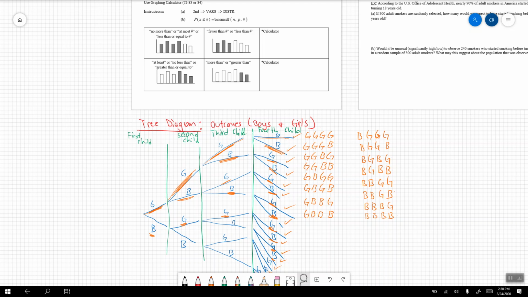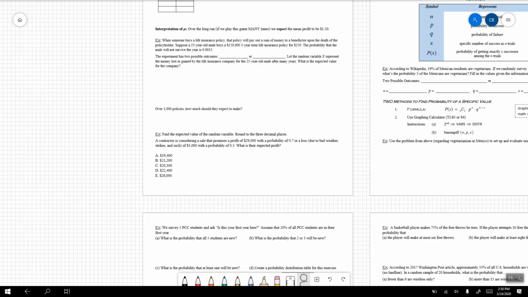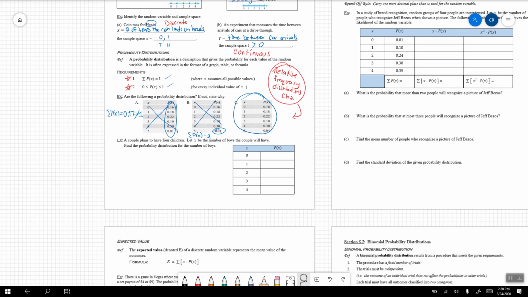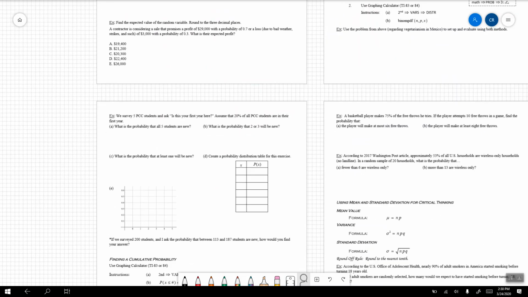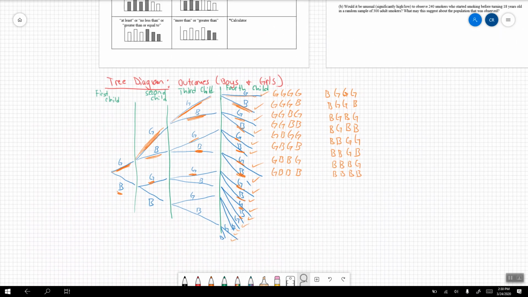We're going to start filling in the table that we had up top right over here. So we want to fill in this table where X is the number of boys the couple will have, and we need to find that probability. So let's look at the probability of that couple having no boys.